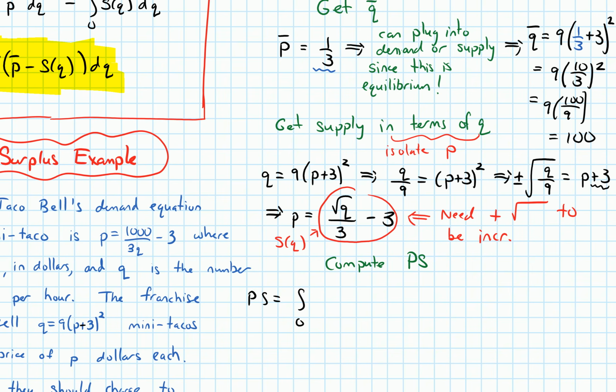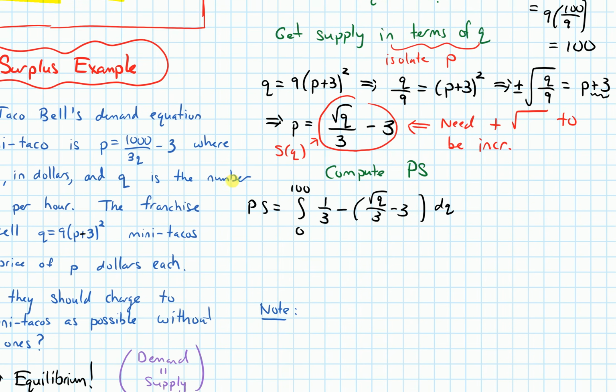Q bar was 100. And then we put P bar first, which was 1/3, minus S of Q. So S of Q I'll put in parentheses. That was square root of Q over 3 minus 3 dq.